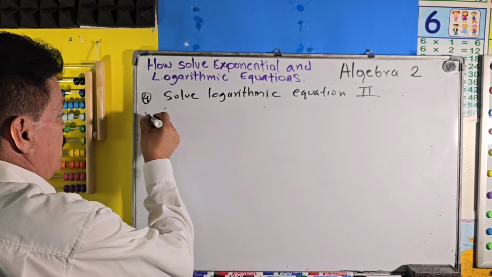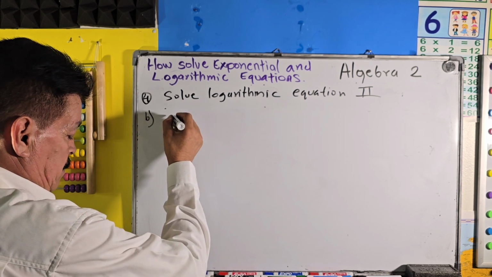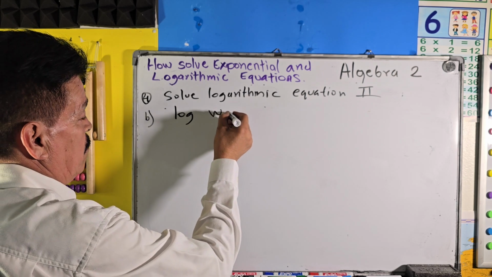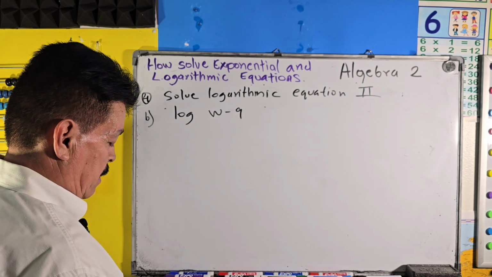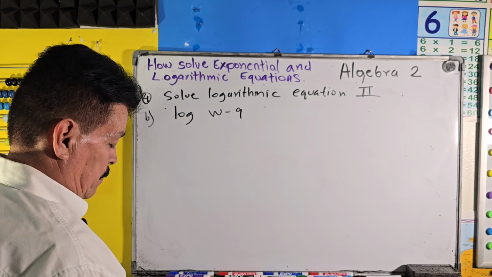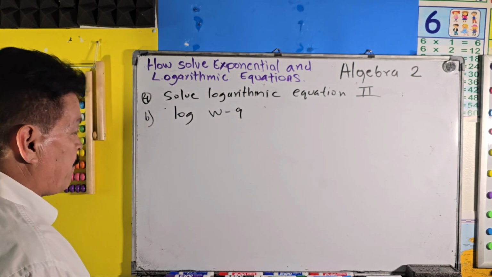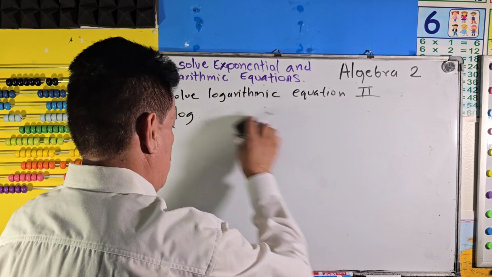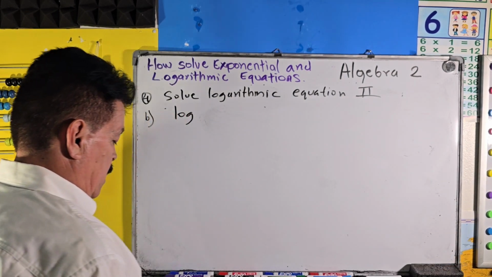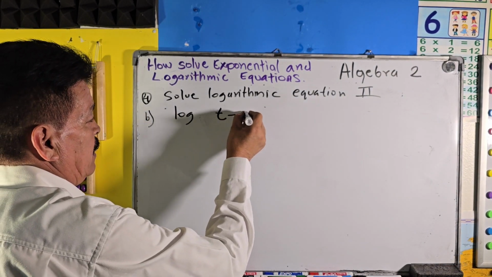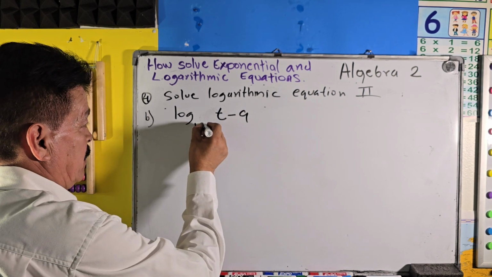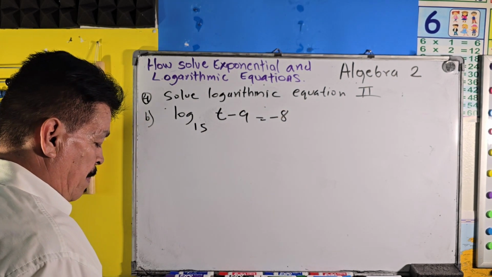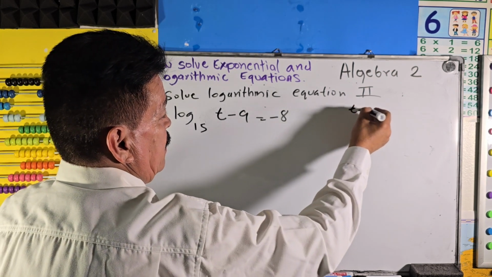Let's write the logarithm of t minus 9 with the base 15 equals negative 8. See? We have to know how much t is here.